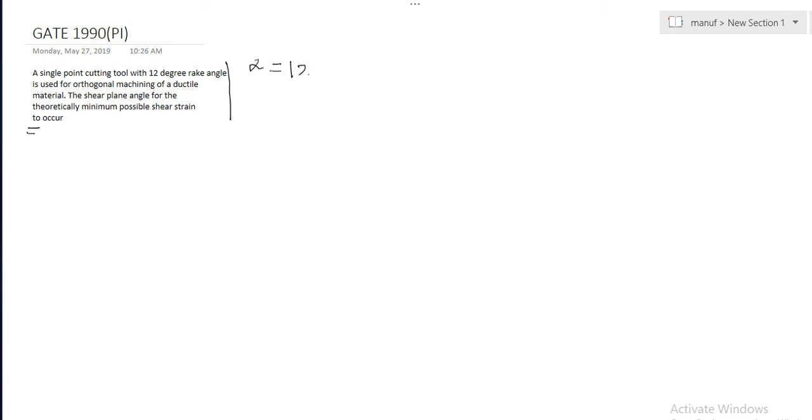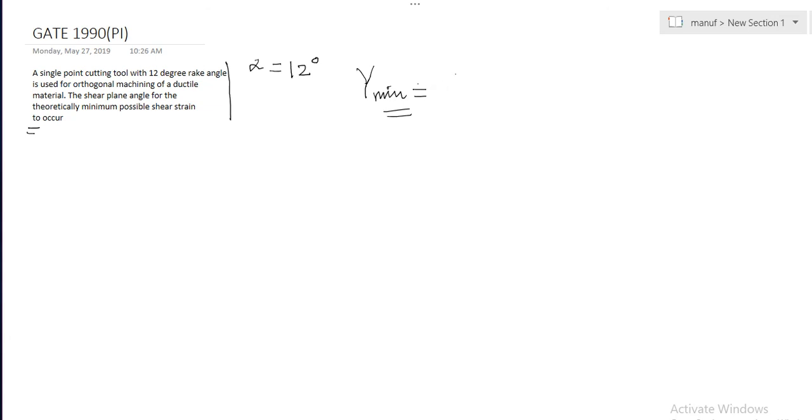The shear angle for the theoretical minimum possible shear strength. So we have to find out the gamma minimum, and we have to find out the value of phi for this gamma minimum.